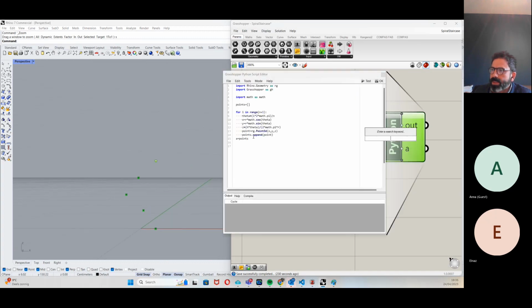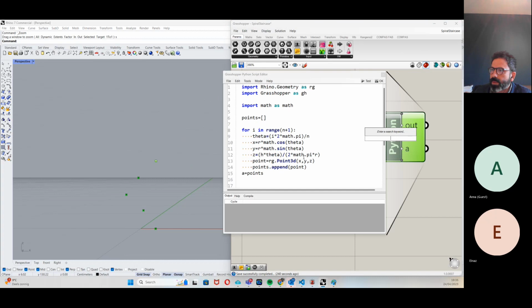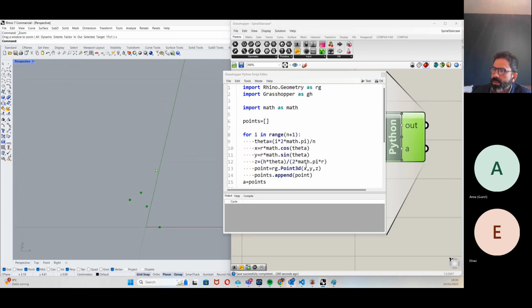So we have a little mistake in our formula here for 2 times math.pi times r, h times theta. Maybe we need an n. This is correct.